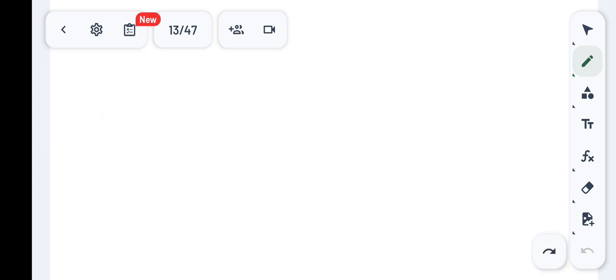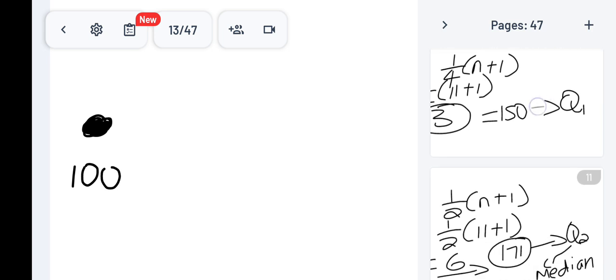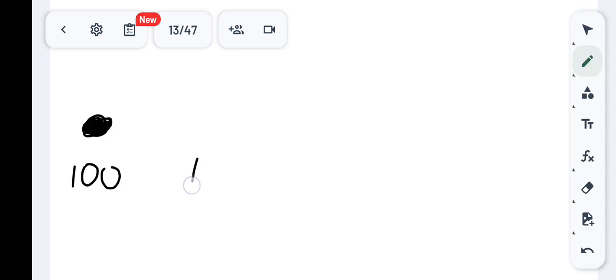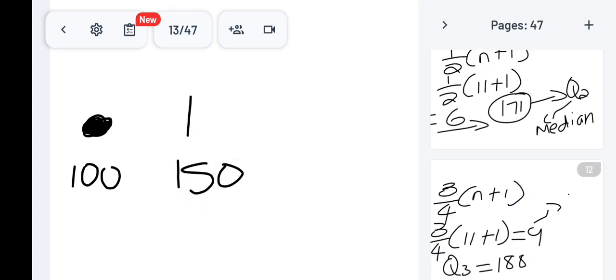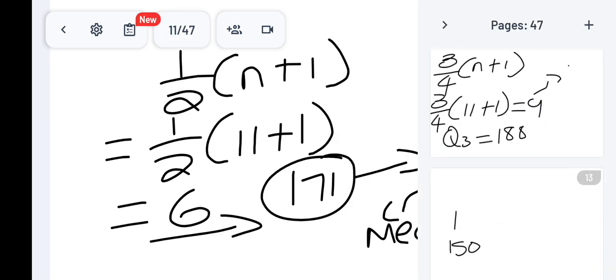We said 100 is our minimum value, so I'll just mark this 100. And then what is our Q1? 150, that is our lower quartile. I'll put this, followed by the middle term, which is our median, 171.